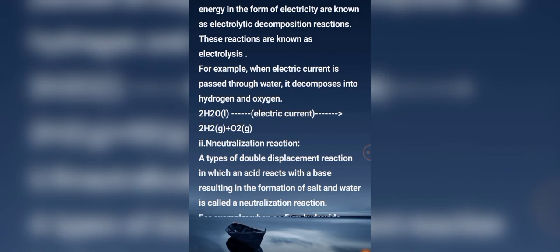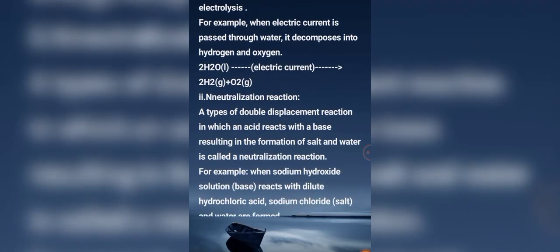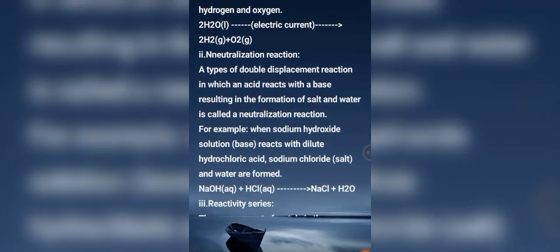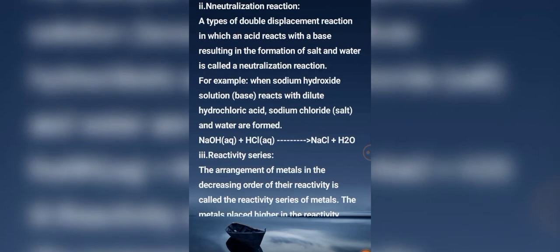Next part, neutralization reaction, a type of double displacement reaction in which an acid reacts with a base, resulting in the formation of salt and water. For example, when sodium hydroxide solution, that is base, reacts with dilute hydrochloric acid, sodium chloride salt and water are formed. You may write NaOH aqueous plus HCl aqueous forms salt NaCl and water H2O.